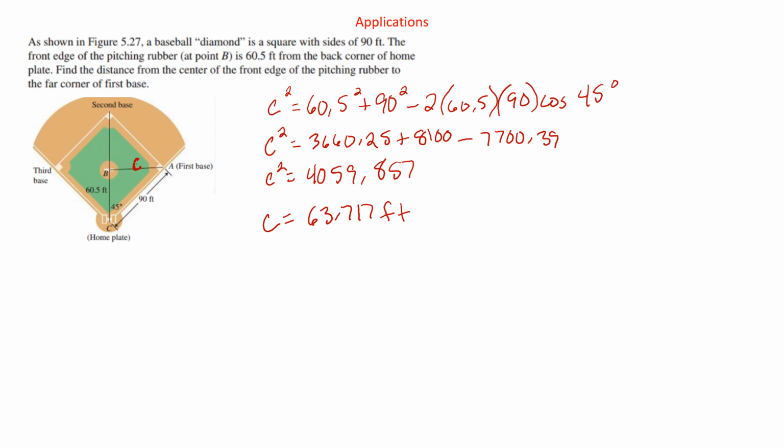They had to pick a point, and that's where that measurement for 90 feet comes from. It's not to the front of first base, it's actually to the back of first base. So that's why it's talking about the front edge and the back corner. But this is just an application of law of cosines.